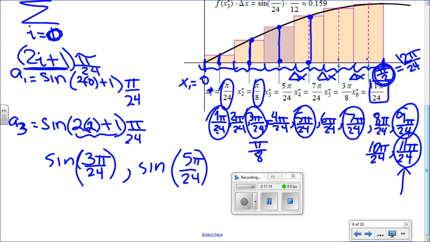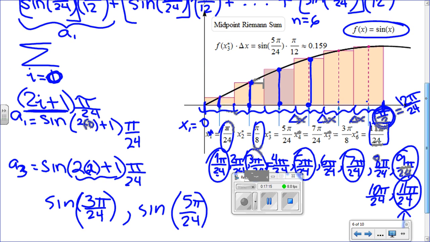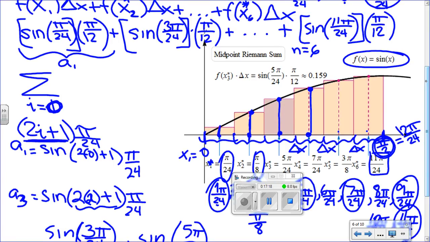So now, let me show you guys mine. Let's write both. Should I stop at 6 since we started at 0, or should I stop at 5? So then this is going to be the sine of 2i plus 1.